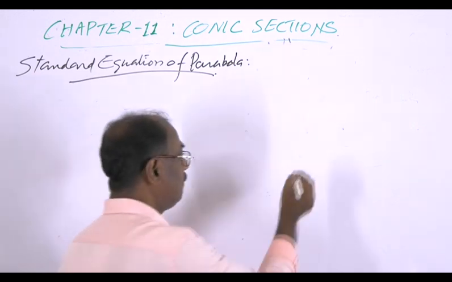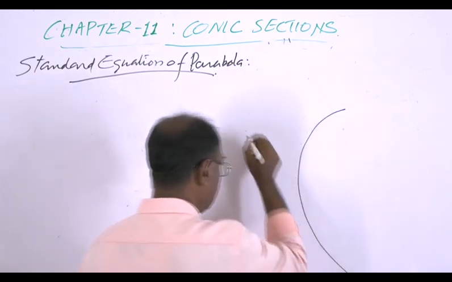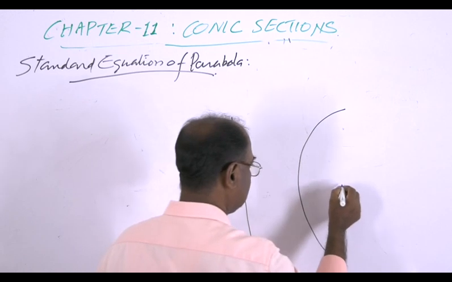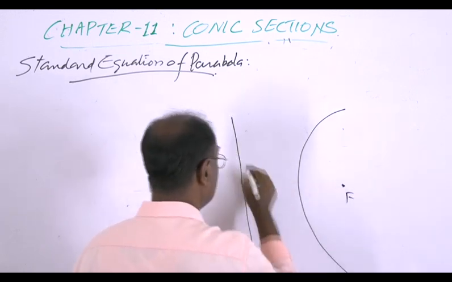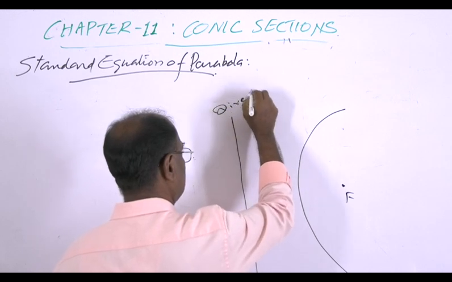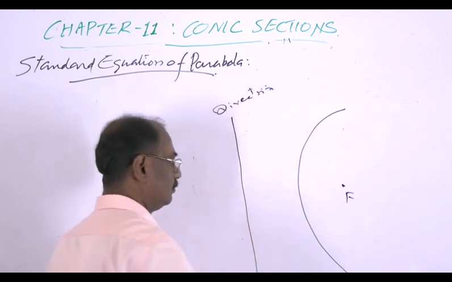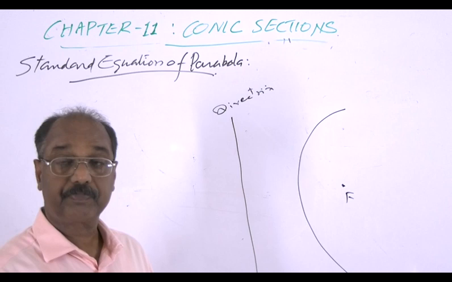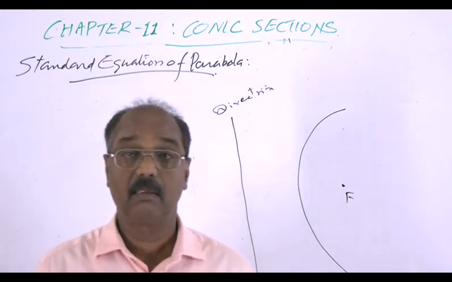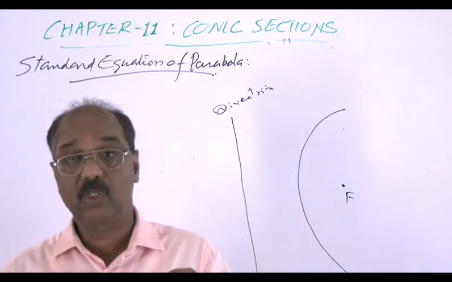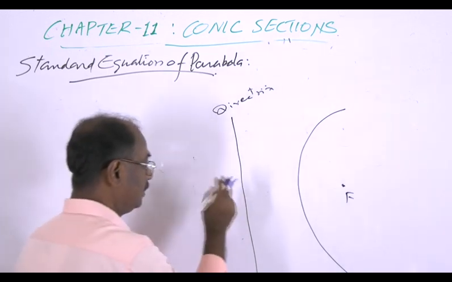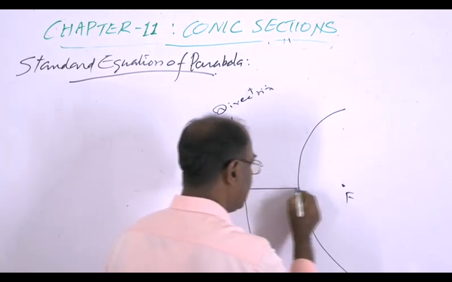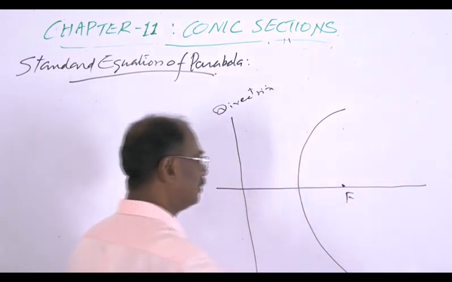Now consider the parabola, the directrix and the focus. This is the focus here. This is the directrix. Then the line passing through the focus and perpendicular to the directrix is called the axis of the parabola.